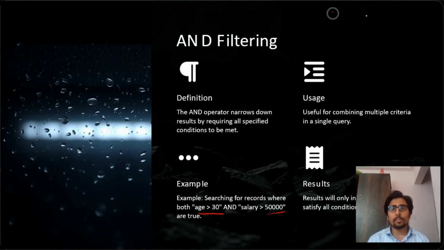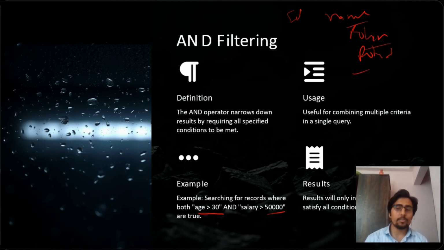For example, if you have selected only the name, it will return the name of the customer or employee, let's say Rohan or Rohit. Their records will come if their age is greater than 30 and salary is greater than 50K.